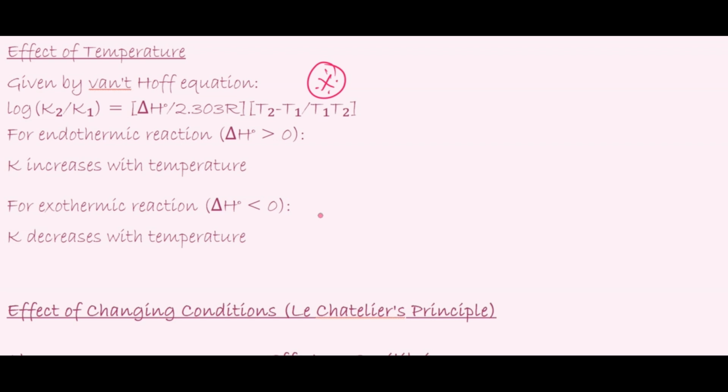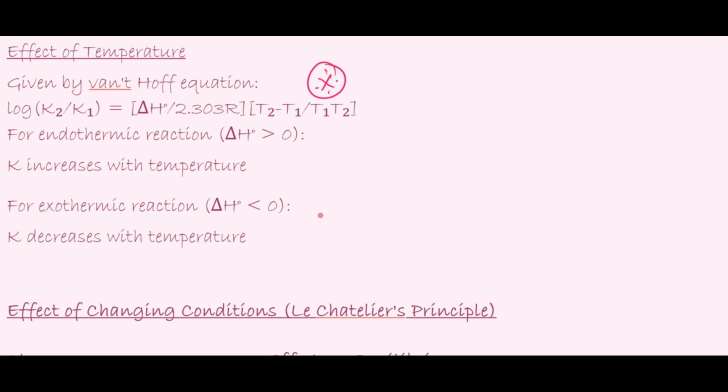So this equation is very, very, very important. Here delta H is enthalpy. Enthalpy means the heat energy, right? For an endothermic reaction, enthalpy becomes positive, and for an exothermic reaction, enthalpy becomes negative. Correct? We have discussed these parts in thermodynamics as well.